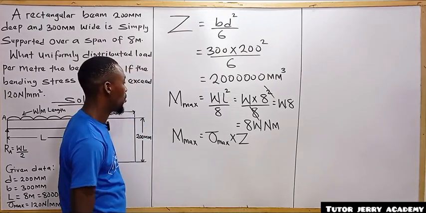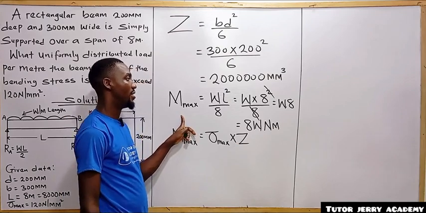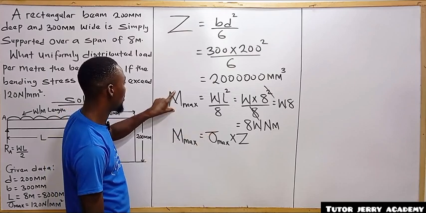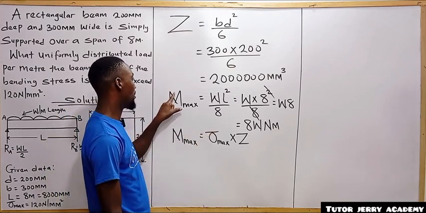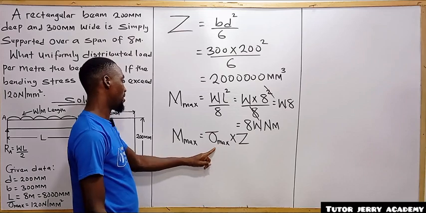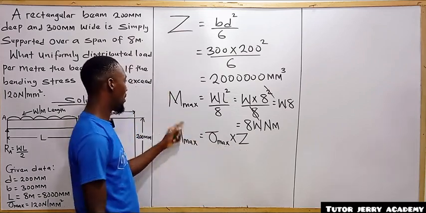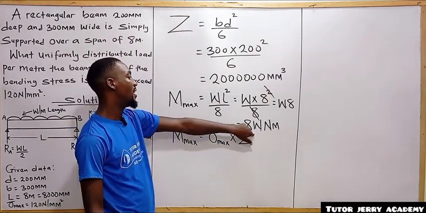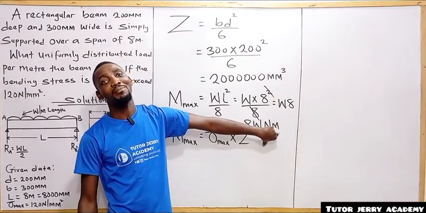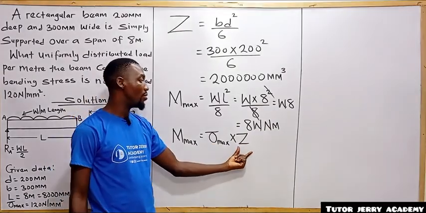We know what our maximum bending moment is, we know what our maximum stress is, and we know what our sectional modulus is. Don't forget, the bending moment 8W is in Newton meter, and the unit of the others is in millimeter.